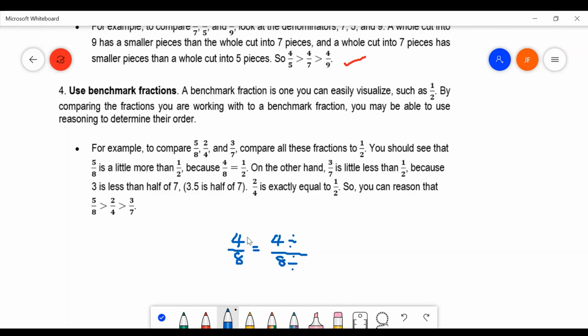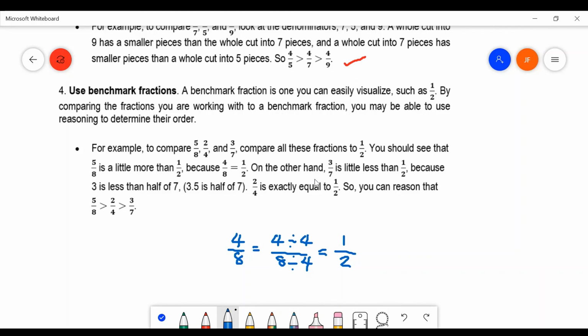The GCF here is 4. We divide by 4. So 4 divided by 4 is 1, and 8 divided by 4 is 2. So we have 1/2.